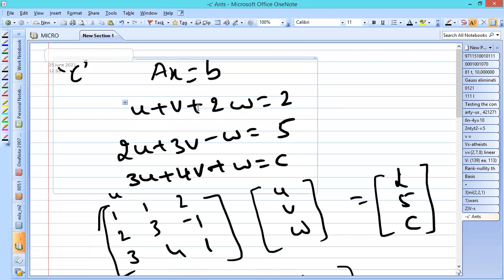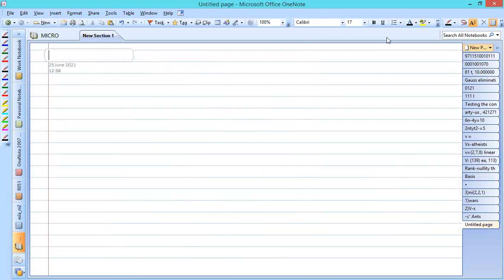And the next, take the next problem. For which vectors B1, B2, B3 does this system have a solution?